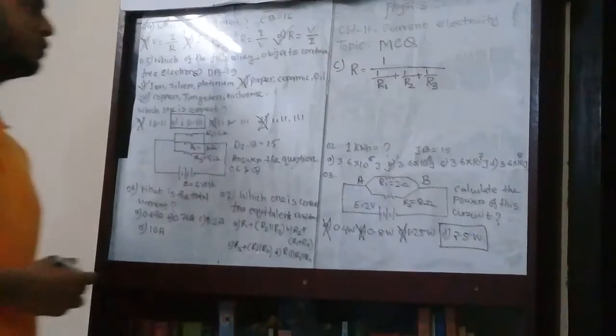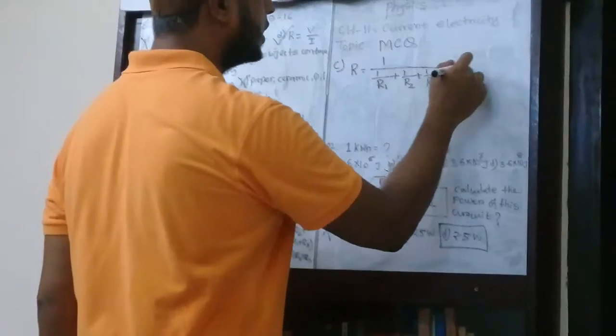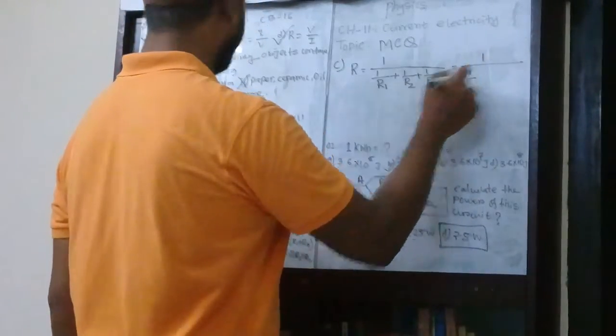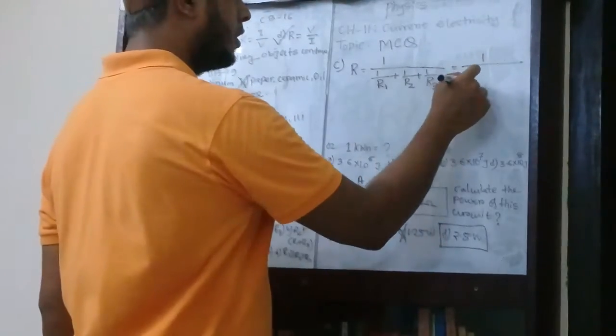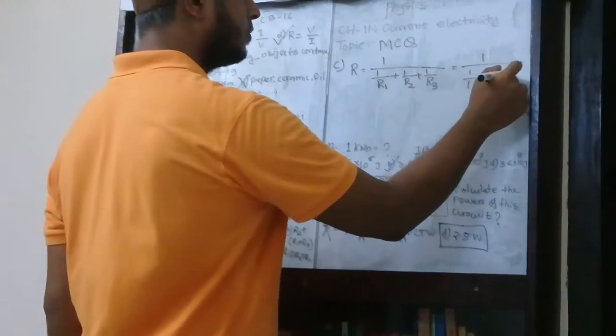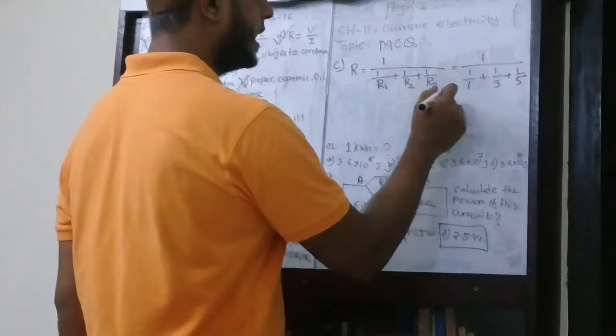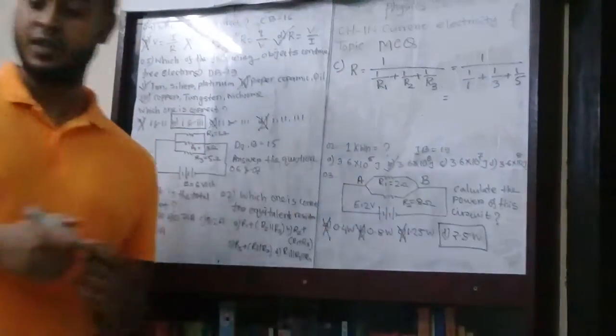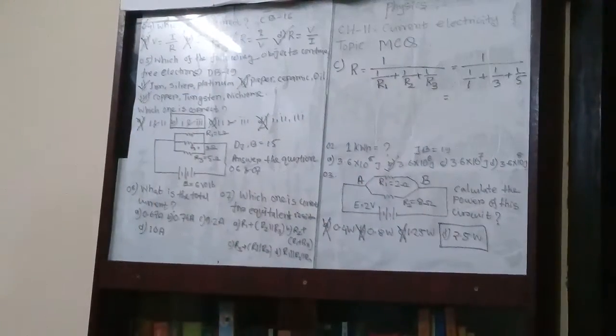Now, put the values into this equation: 1 divided by (1/1 ohm + 1/3 ohm + 1/5 ohm). So, total resistance is here.